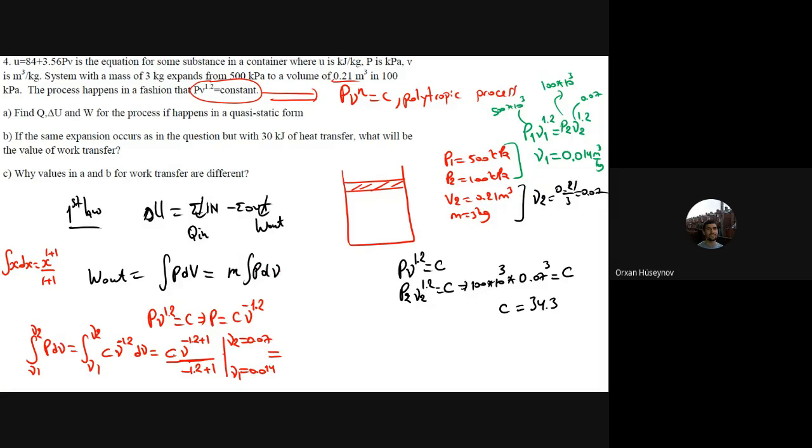Okay? And I know that C value, which is 34.3, and therefore I can find this relationship here, and it will be divided by negative 0.2, multiplied with nu2 to the power of negative 0.2 minus nu1 to the power of negative 0.2. That is 0.07 to the power of negative 0.2 minus 0.014 to the power of negative 0.2, and that will be equal to the boundary work that we should do.